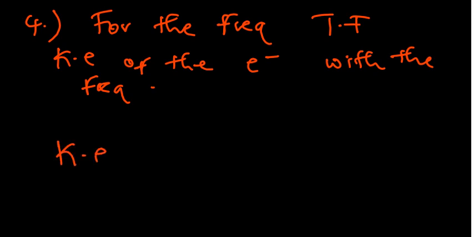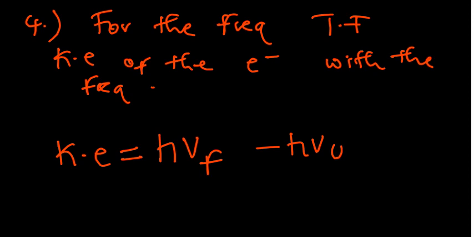The kinetic energy of the electrons emitted is given as a difference between two terms, so I'll explain this formula. This part here represents the threshold: the V naught there is the threshold frequency. The threshold frequency gives us the amount of energy required to remove those electrons from the metal surface.